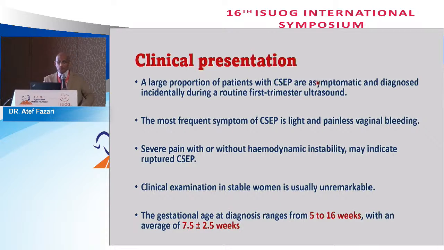Clinical examination in stable women is usually unremarkable: no abdominal tenderness, no masses, nothing. The gestational age at diagnosis is between 5 or 6 weeks and 16 weeks, with an average of 7.5, plus minus.